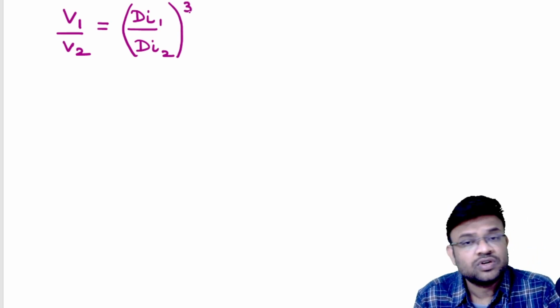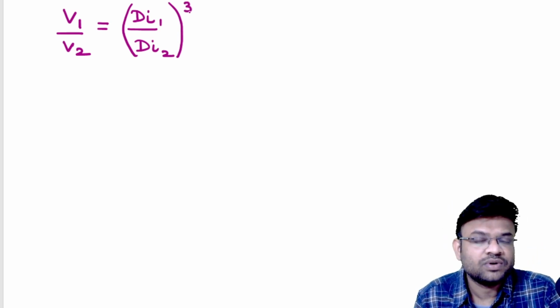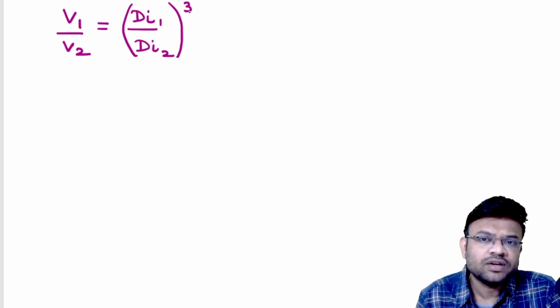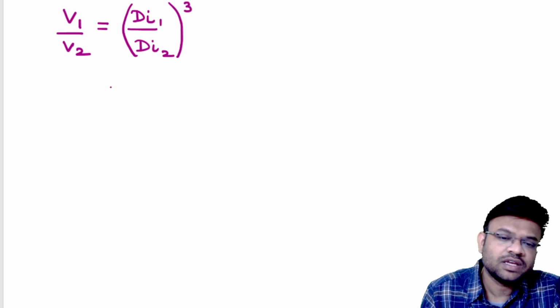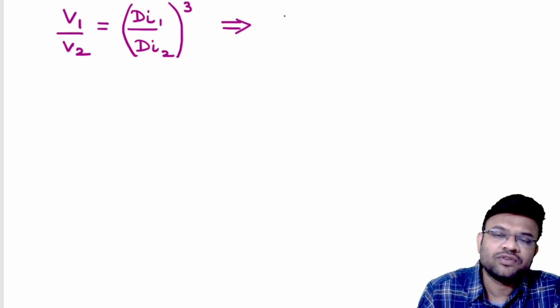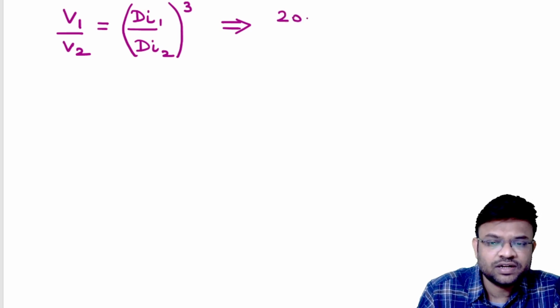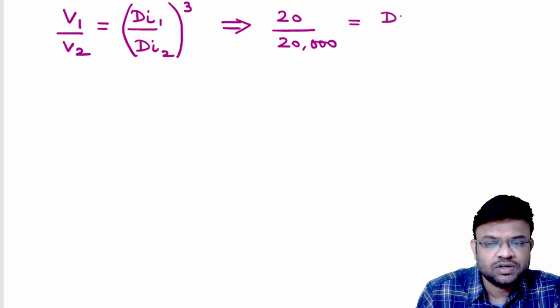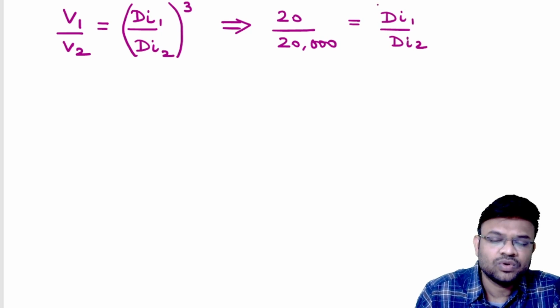Because volume was directly proportional to d cube, that is why I have written this. Now, the volumes have been given: the volume of the fermenter first was 20 liter divided by 20,000 is equal to (di1 upon di2) whole cube.